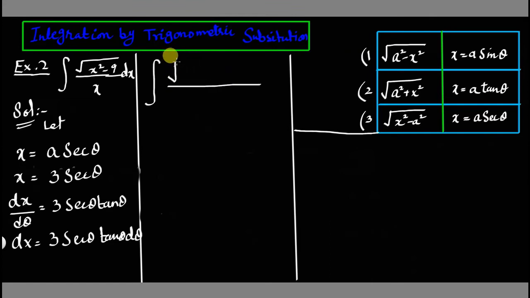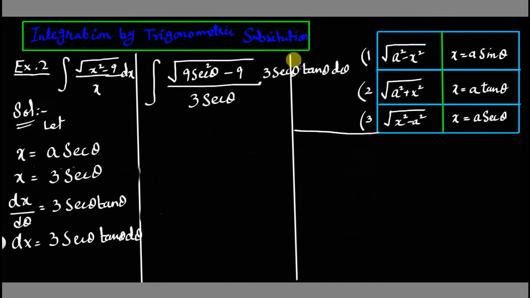So what will you get? Instead of x square you will write 9 secant square theta minus 9 divided by x. X is 3 secant theta, and dx is 3 secant theta tangent theta d theta.